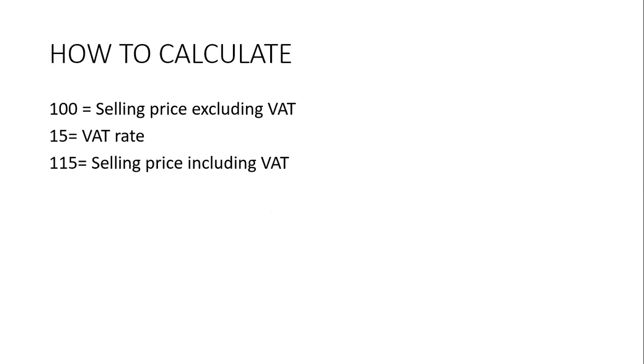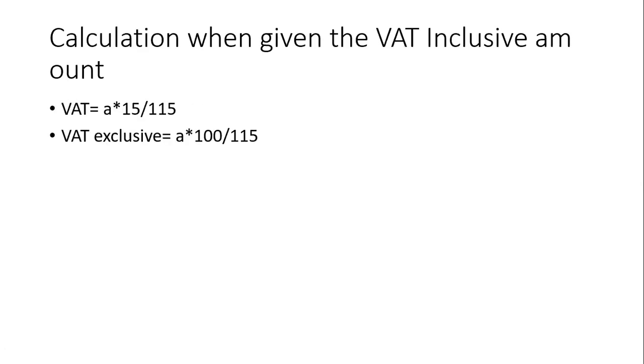Then we move. So how to calculate VAT, right? Always 100 is the selling price excluding VAT, and then 15 is the VAT rate. Then 115 is the selling price including VAT, right? So calculation when given the VAT inclusive amount: VAT is equals to A, the amount that we're given.